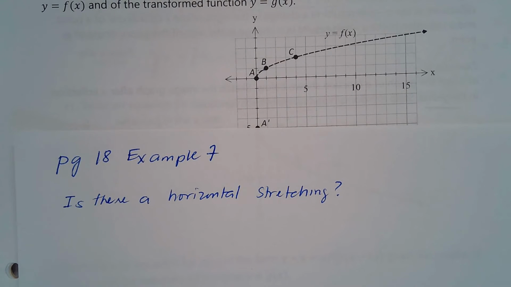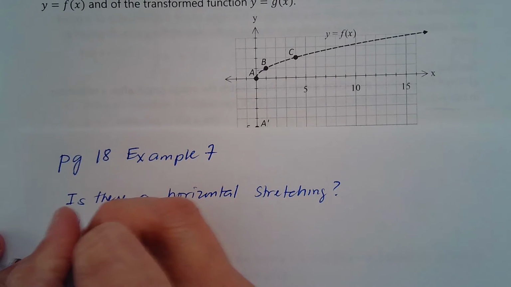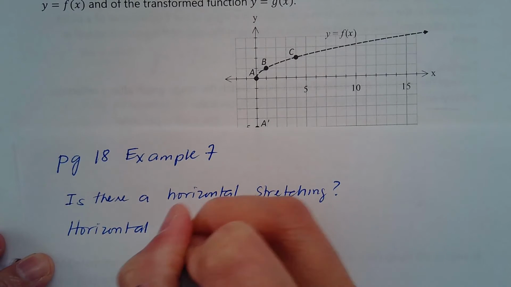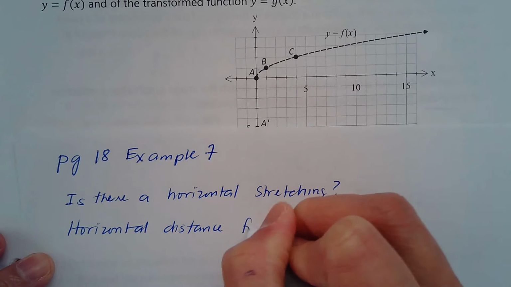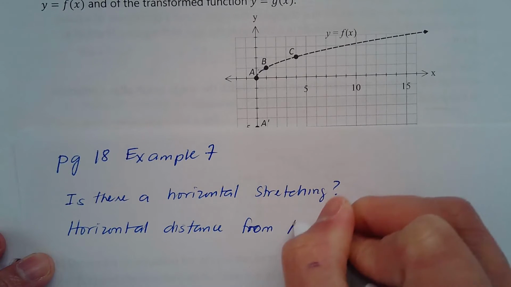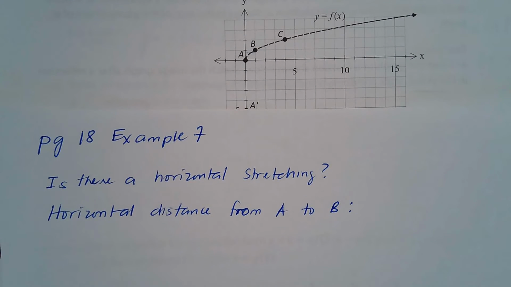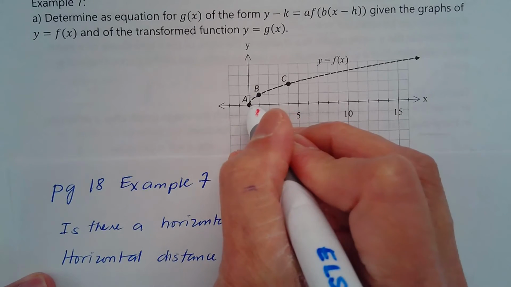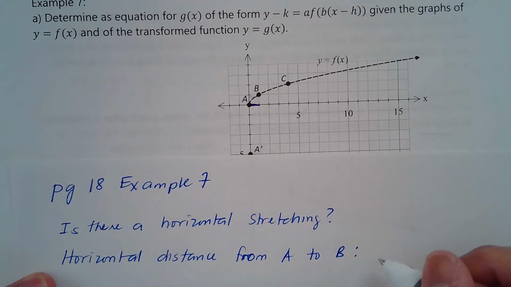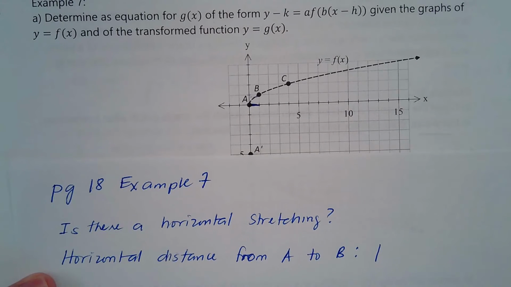So the very first thing we're going to take a look at is, is there a horizontal stretching? Because we are looking for horizontal stretching, we want to make sure that we have the points and see if they stretched out horizontally. So if we take a look at the horizontal distance from A to B, that's 1 unit, right? 1 unit.